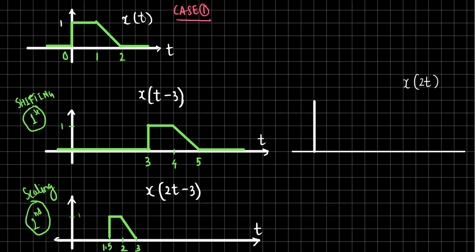As we have seen, in scaling, as we are scaling by a factor of 2, simply the horizontal axis will get divided by a factor of 2. That's it. So the resultant signal will look something like this. 0 being intact, 1 will be at 0.5 and 2 will go to 1, and so on.